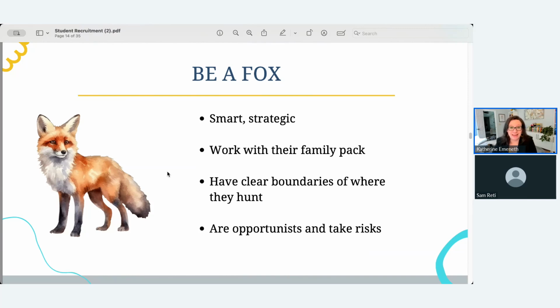They don't just hide behind their computer hoping that their next prey is going to pop out and they can snatch them from the computer. They're actually out there doing the footwork, meeting new foxes and figuring out their environment. So we have to be like a fox when you're thinking about recruiting and filling your private music studio.